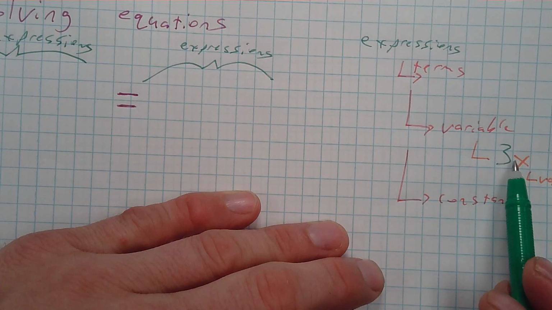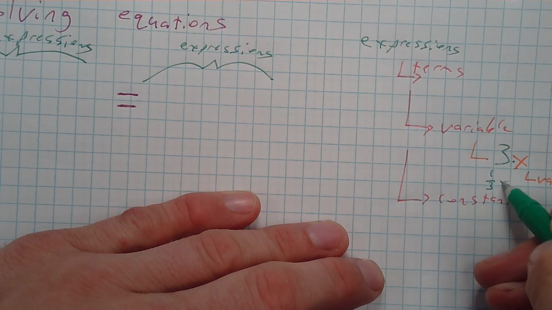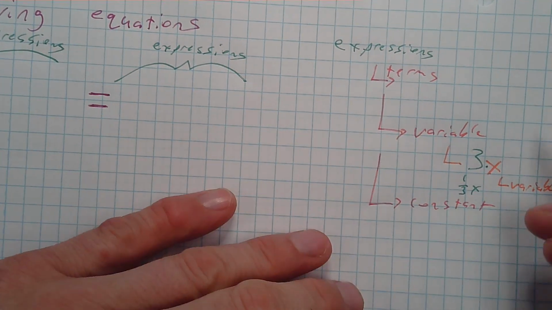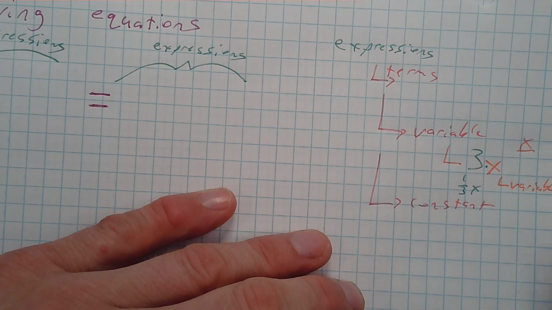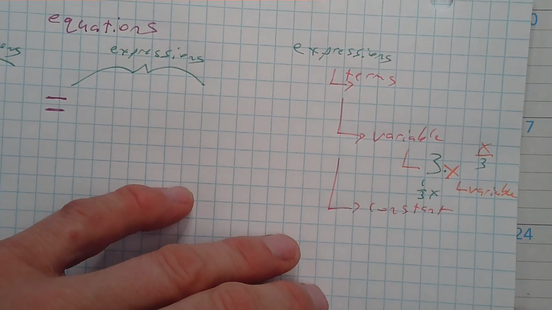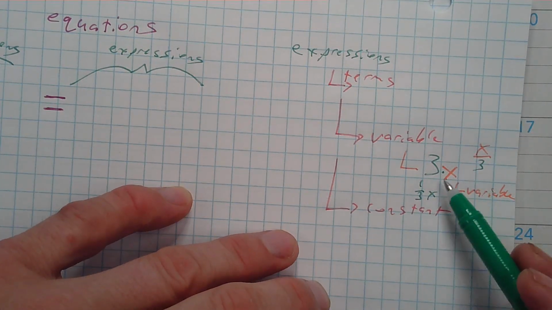It could be like 1/3 x, which can also be represented as x over 3, which is division. Those are different ways to express the variable term.